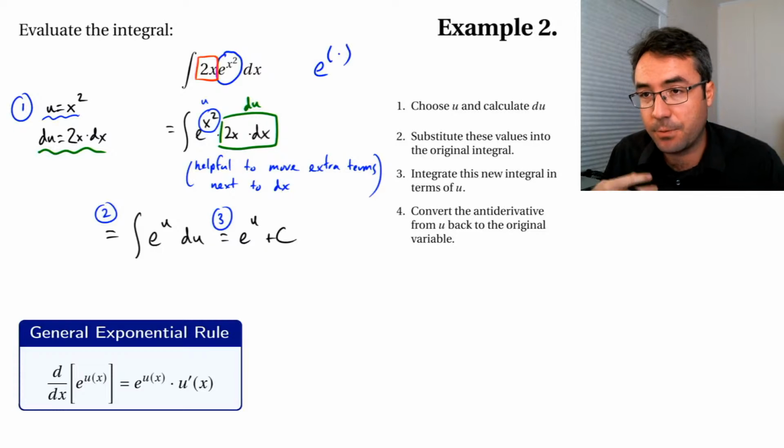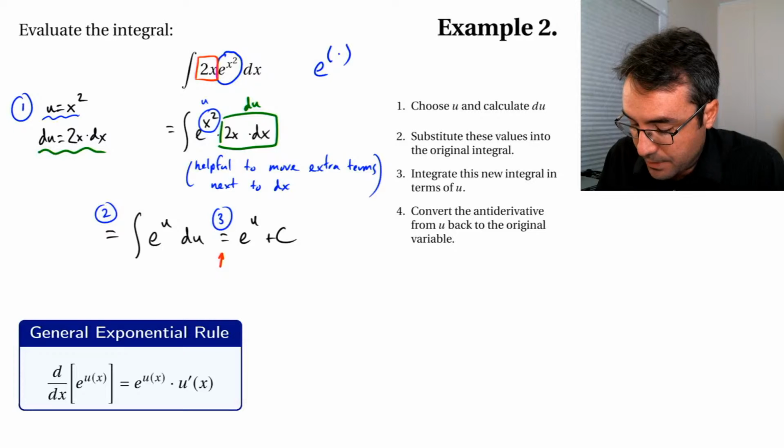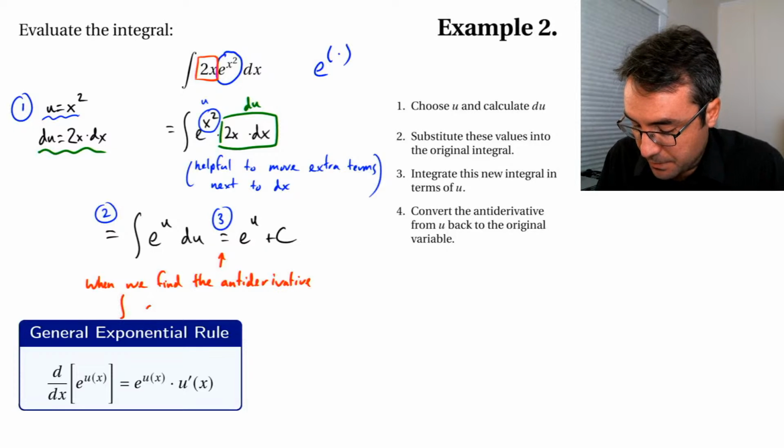So in step 3 here, when you actually find the antiderivative, you don't keep writing the integral sign and you don't keep writing the du. So when we find the antiderivative, the integral sign and the differential are gone.